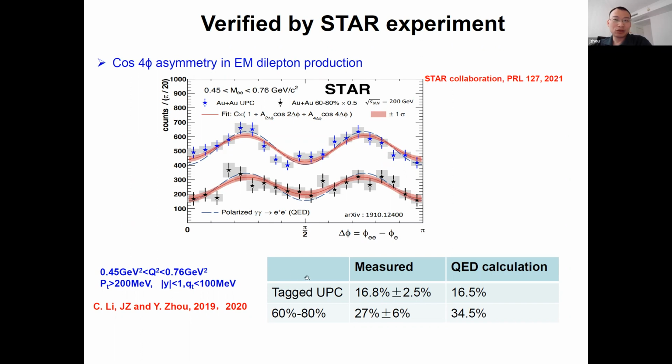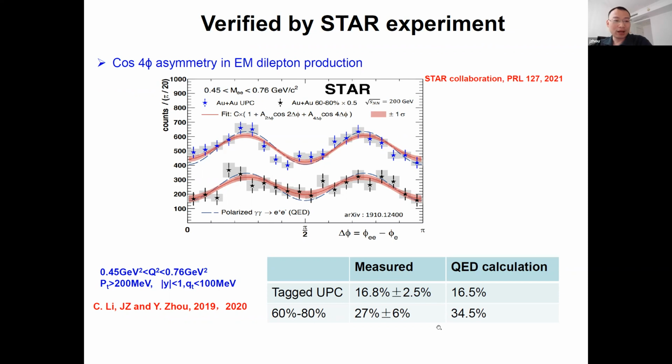Let me show the numerical results directly. In this table, we compare our calculation with the STAR measurement. One can see that our QED prediction matches the experimental results very well for the UPC case. It's very close to the measured asymmetry. As for the peripheral collisions, our results slightly overshoot the STAR measurement.